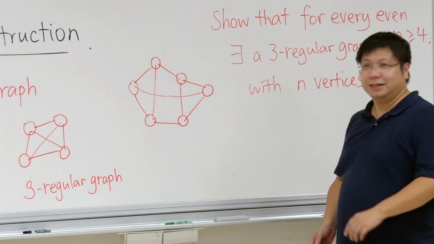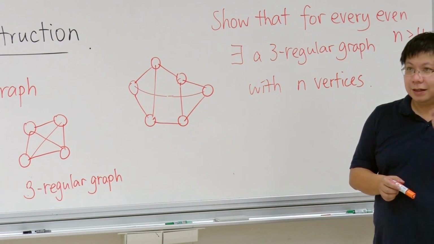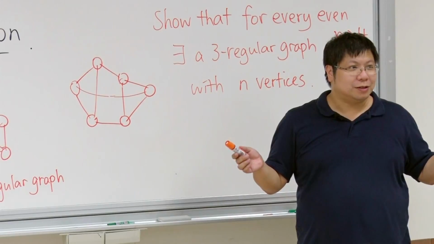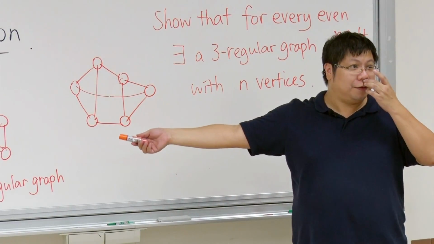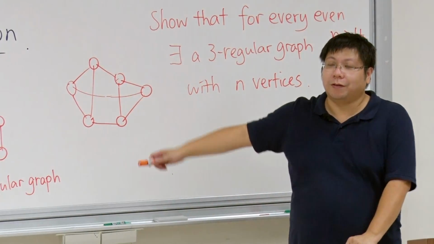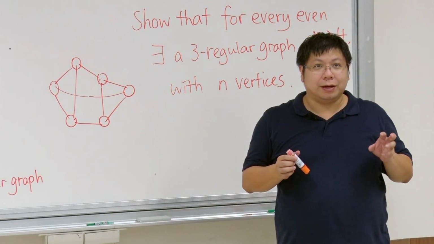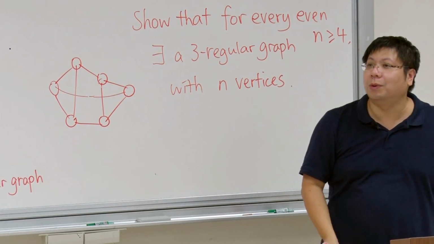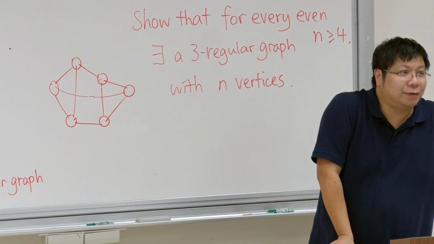Then what should we do? We are not going to prove it true by drawing a graph for every n, because we will run out of time. It would be much better if you give us a strategy such that when you have an even n, we can always draw a 3-regular graph.